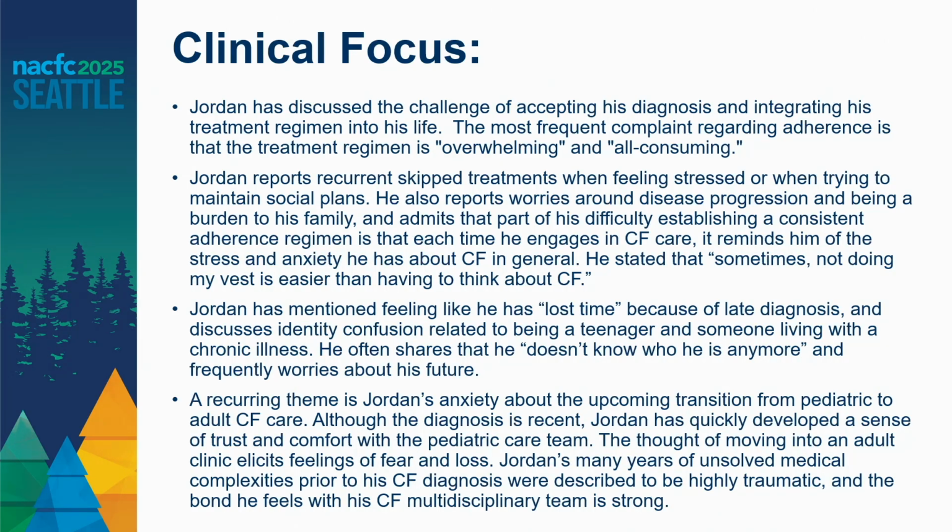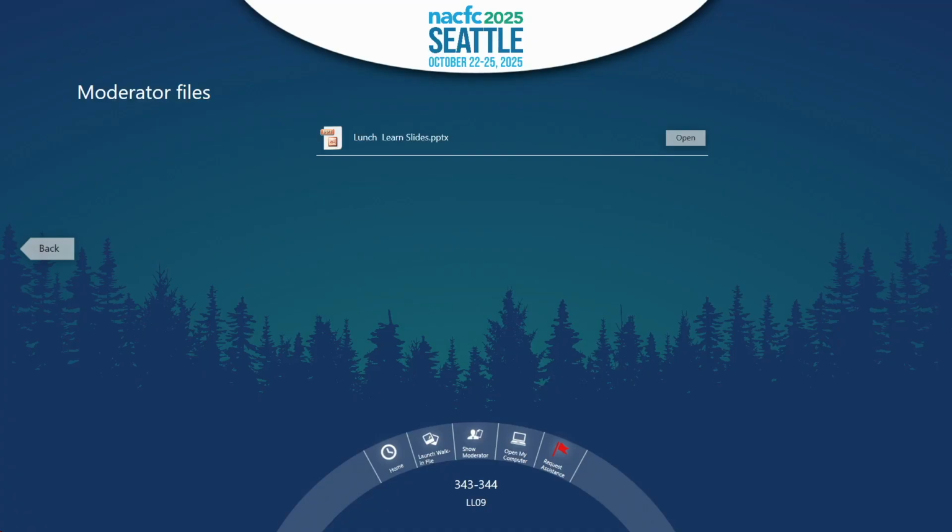Although the diagnosis is recent, Jordan has quickly developed a sense of trust and comfort with the pediatric care team. The thought of moving into an adult clinic elicits feelings of fear and loss. Jordan's many years of unsolved medical complexities prior to his CF diagnosis were described to be highly traumatic, and the bond he feels with his CF multidisciplinary team is strong. That's it.